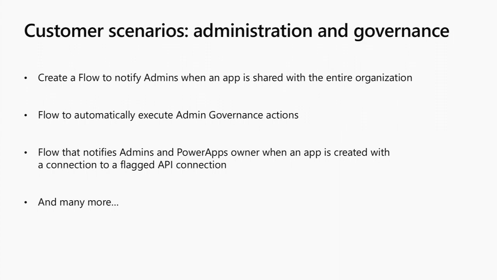So a couple of examples of customer scenarios, right? Maybe you want to have a flow run automatically. When a flow comes into the organization, you want to put some automated governance controls around it, right? Maybe you want to create a script to do conditional access or whatever the case may be, right?